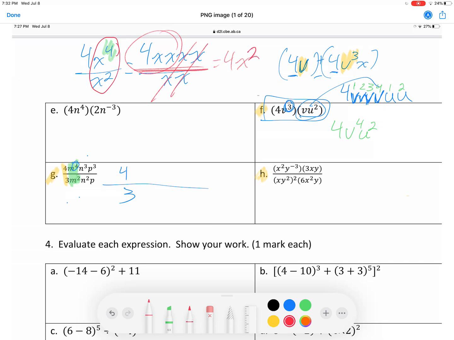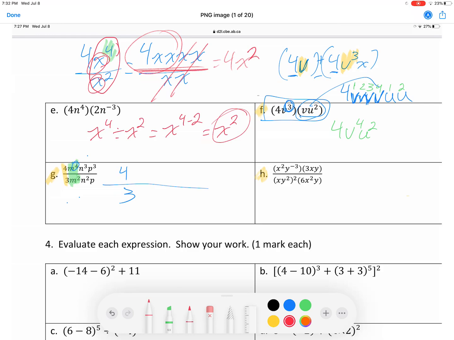This is the power of a quotient law. What it states is that if I have the same base, in this case my x, x to the 4 divided by x to the 2, I am going to simply subtract the exponents, so it's going to be x squared.